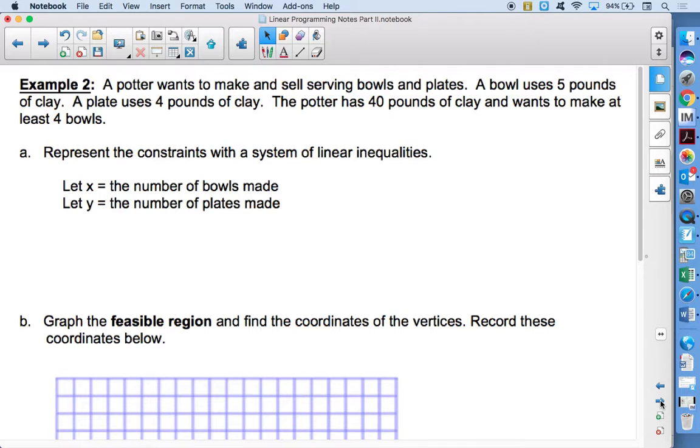So try and come up with your own system of inequalities to represent the information in the problem. Alright, so try and answer letter A. Come up with the set of inequalities.